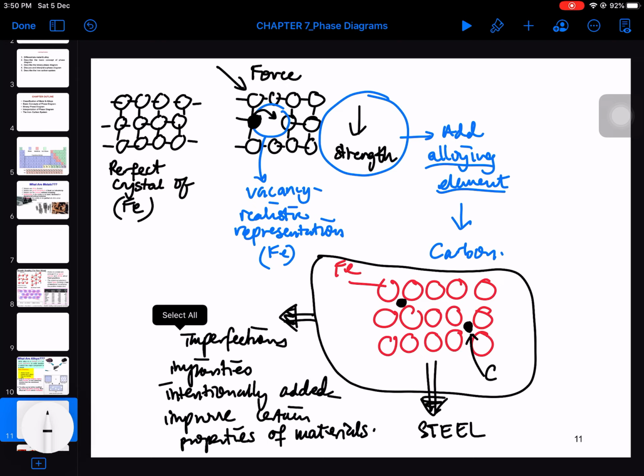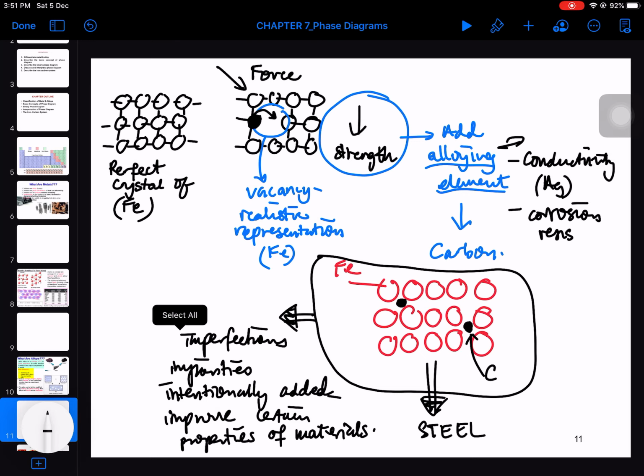There are many other alloying elements that we can add into metals in order to alter or improve certain properties, such as the conductivity. For conductivity, normally we'll add silver. Some alloying elements are added to the host atoms to improve the corrosion resistance, maybe.